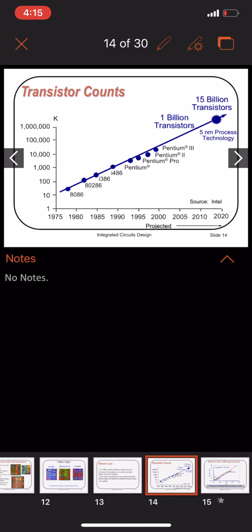In year 1975, you had only a few tens of transistors in digital ICs, but nowadays you have even 15 billion transistors inside your microprocessor. This happened because of the revolution in transistors. You are continually scaling down your transistors.